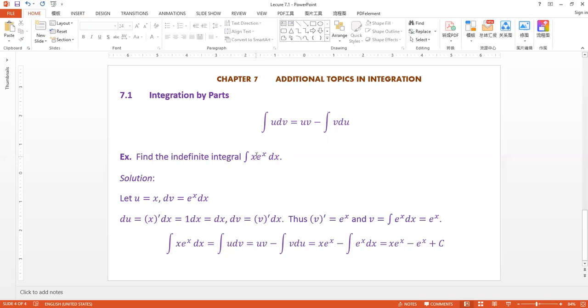And then you let x dx be dv, and you can try to use the formula to do the problem. But it turns out that will not work. You can double check by yourself. So the choice is important. That's actually the key for integration by parts. You have to choose the correct u and dv to start. Otherwise, you will not get the problem done.